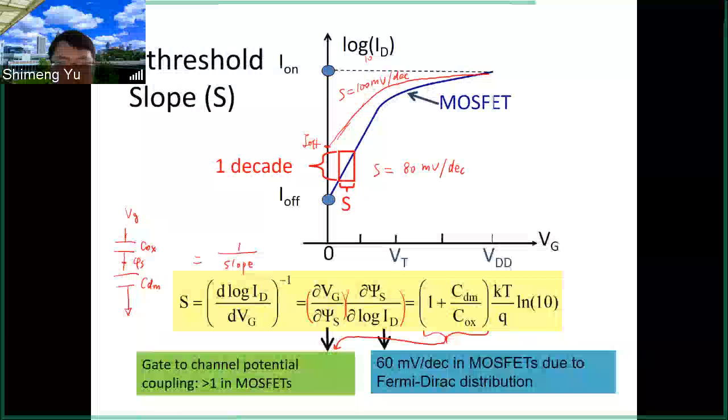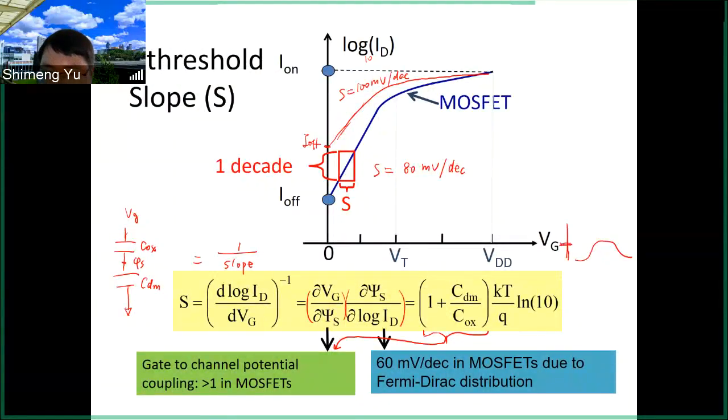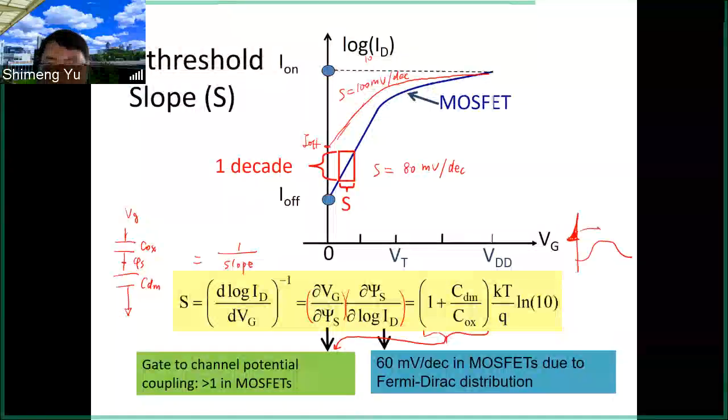This is also what we discussed before. Think about the barrier top we discussed earlier. Those electrons above the barrier can diffuse over.